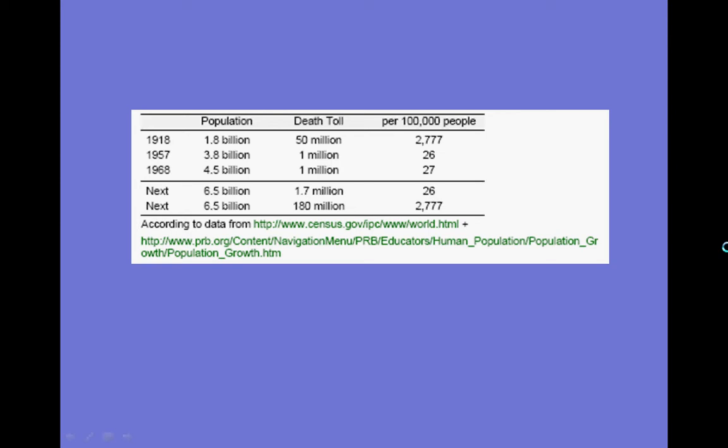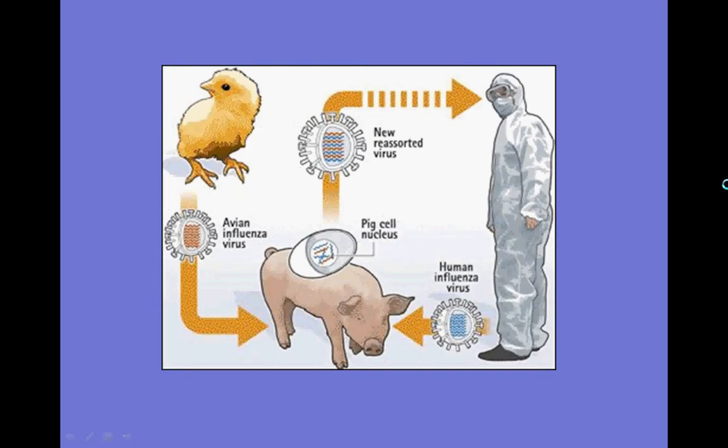Okay, so here's some numbers on the three most recent really devastating pandemics. We have the 1918 Spanish flu, the 1957 Hong Kong flu, the 1968 Asian flu. They generally killed lots of people. The way these flus worked is that they used reservoirs in either pigs or birds or horses to recombine with the human influenza virus.